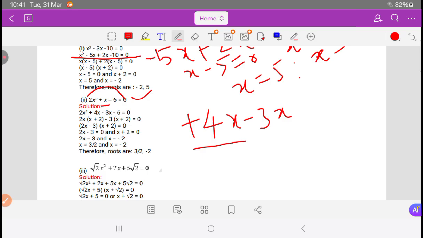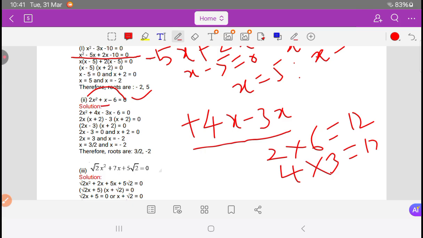Why have you written 4x and minus 3x? 2 times 6 is 12, and 12 can be written as 4 multiplied by 3 also. Then simplify, you'll get this one. So the roots are like this.